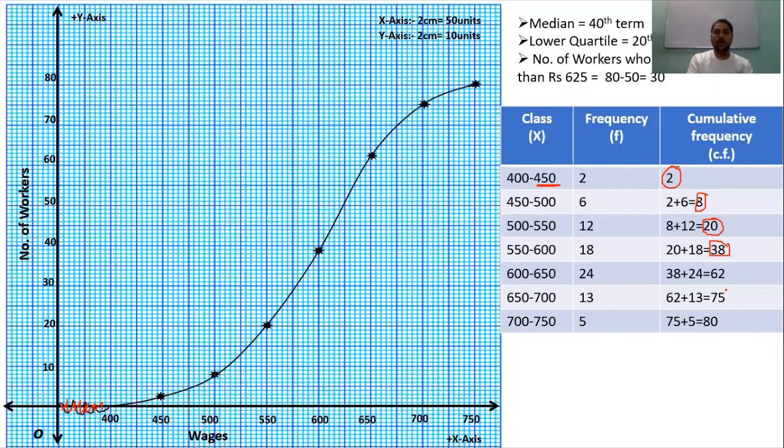After joining the points with free hand, now come to the part where we calculated the median. Median is the 40th term. Now come to the y-axis and find where 40 is. We draw a straight line parallel to the x-axis, which meets the cumulative frequency curve at a certain point.